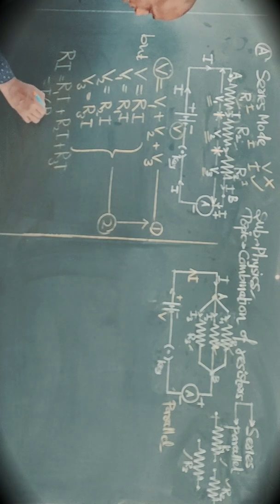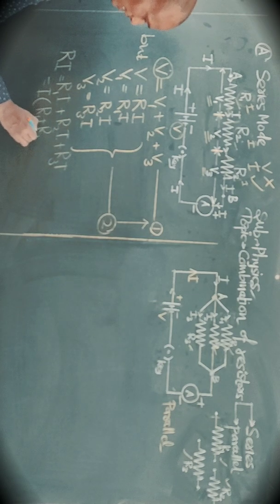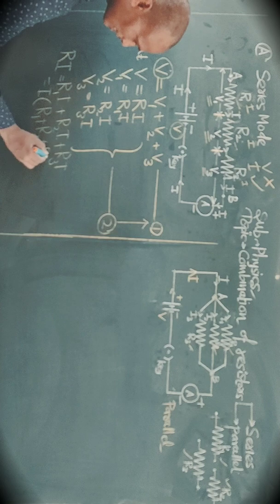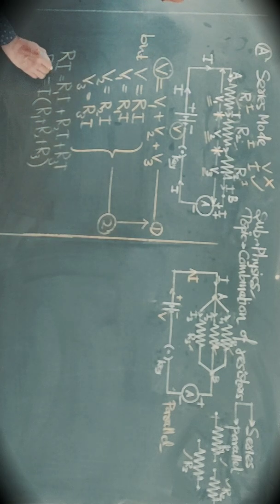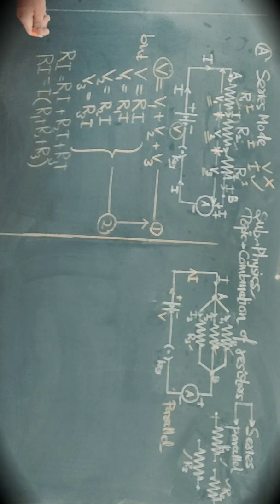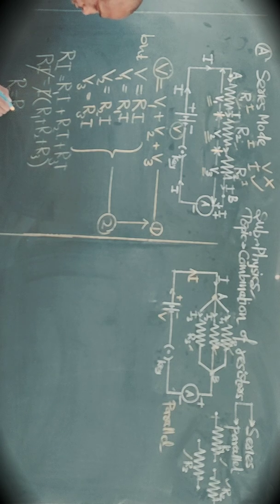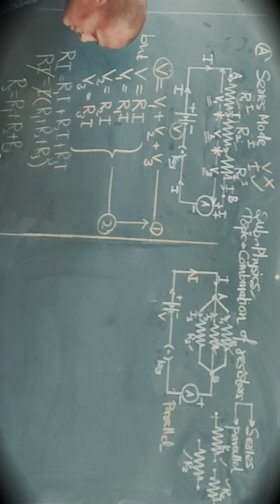So I is taken out: R1 plus R2 plus R3, into I. So we can cut this common I. So what we got? Net resistance of series combination will be the sum of the individual resistances.